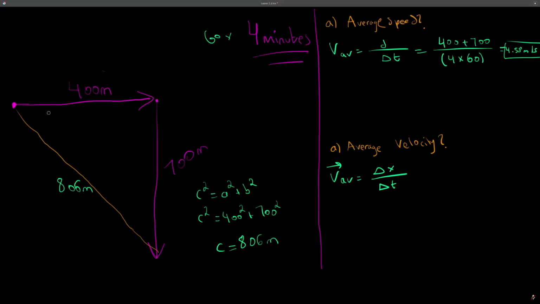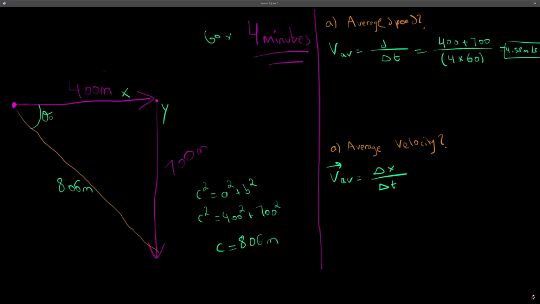But we need to calculate the angle as well. So instead of just saying south or whatever you want to do, let's calculate the angle theta. Now, why don't we take this angle? Because again, it's easier to calculate it along the x-axis. So here's the x-axis and here's the y-axis. It's easier to calculate theta when it's on the x-axis than when it's on the y-axis.